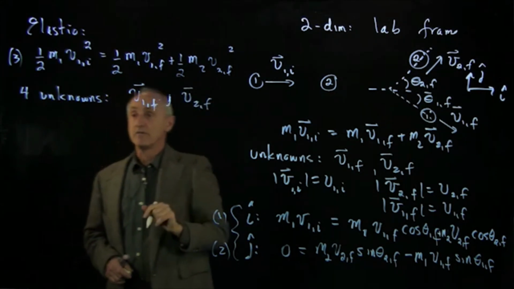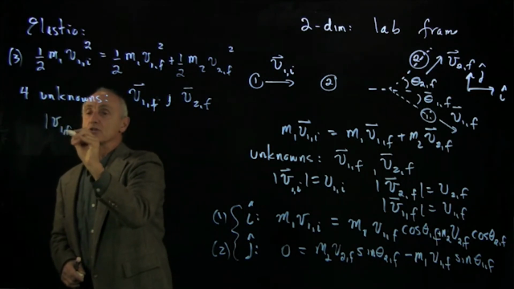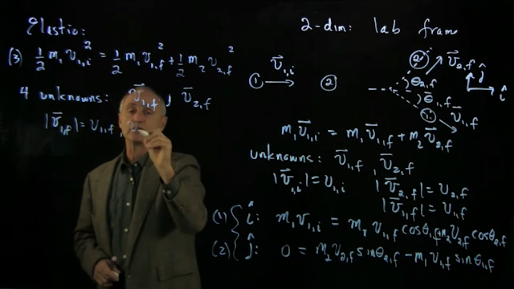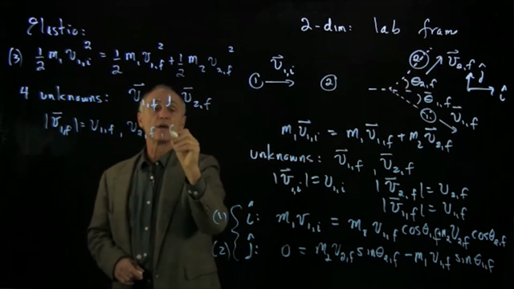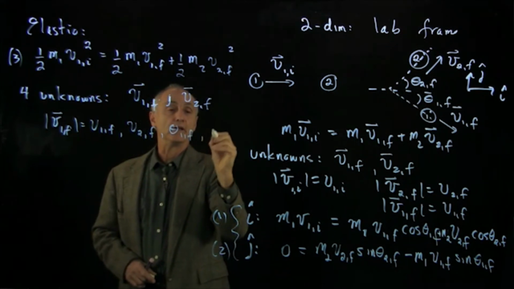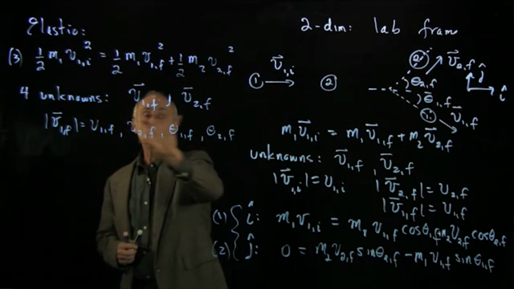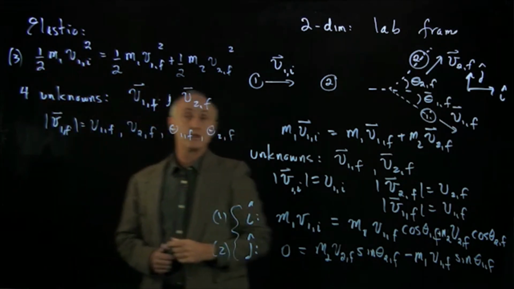But recall in terms of the scalar magnitudes, we have v1 final, v2 final, and the two outgoing directions, theta 1 final and theta 2 final. So these are our 4 unknown quantities, but you can see we only have 3 equations.